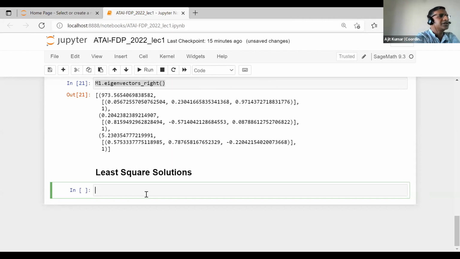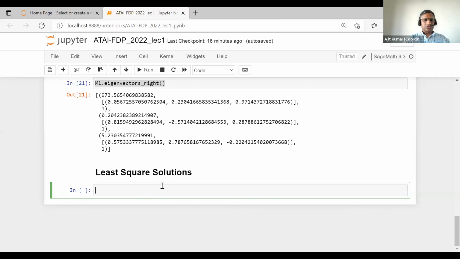Chetan has also finished. Okay. Praveen has also finished. Very good. At least 8 people. Okay, fine. Let us go ahead.